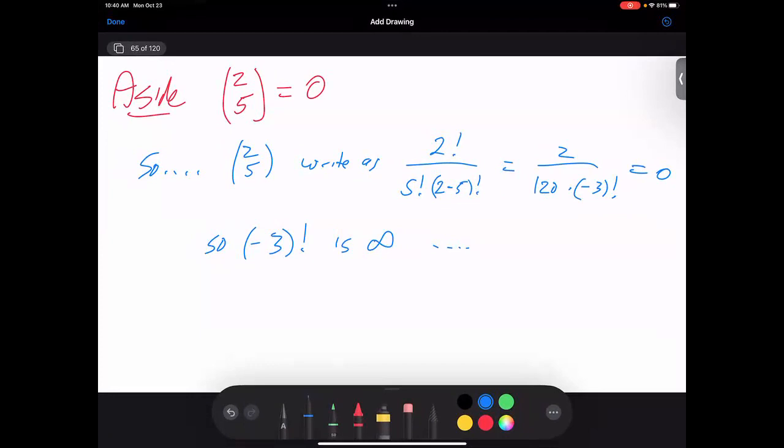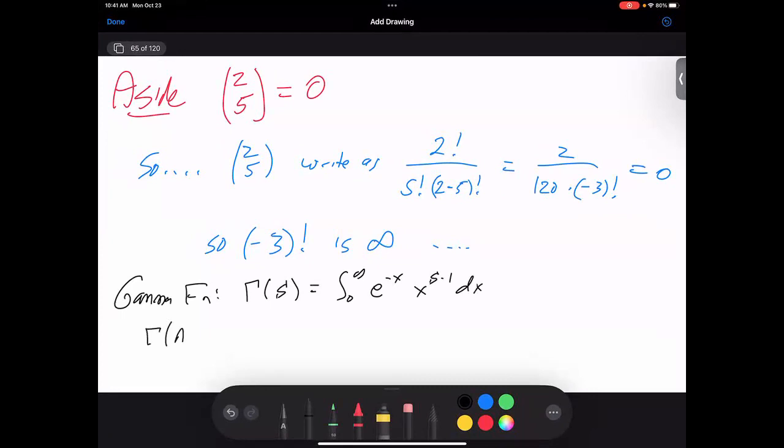The extension is what's called the gamma function. So gamma of s is the integral from 0 to infinity of e to the negative x, x to the s minus 1 dx. You can show gamma of n plus 1 is n factorial if n greater than or equal to 0 is an integer.